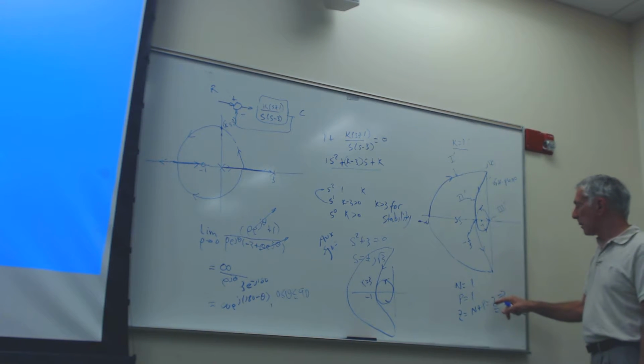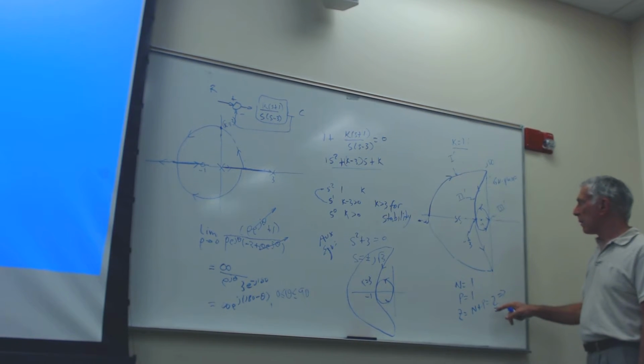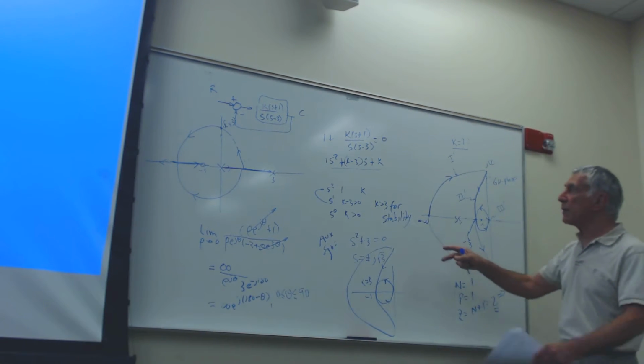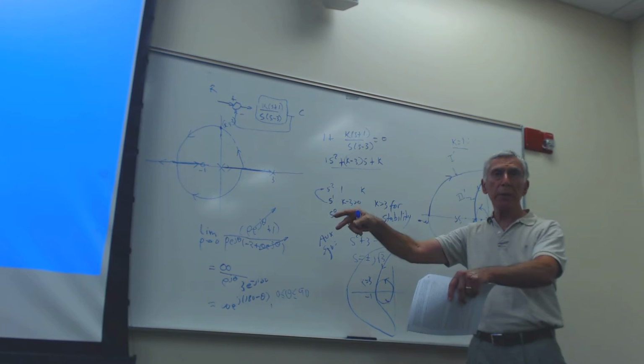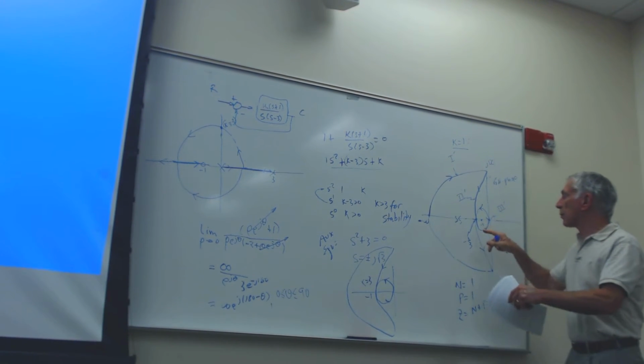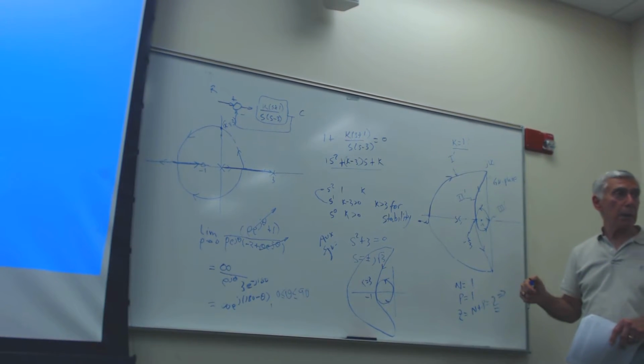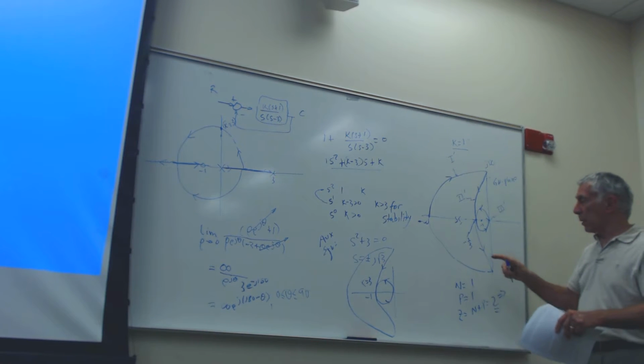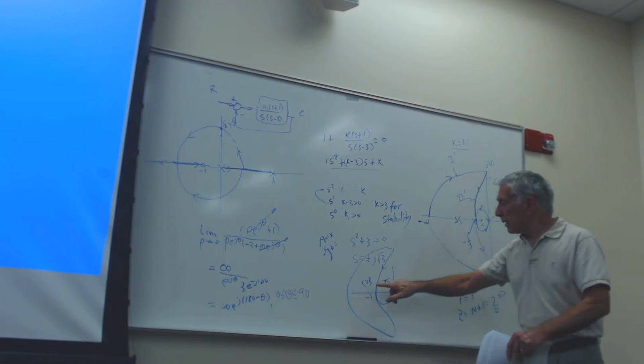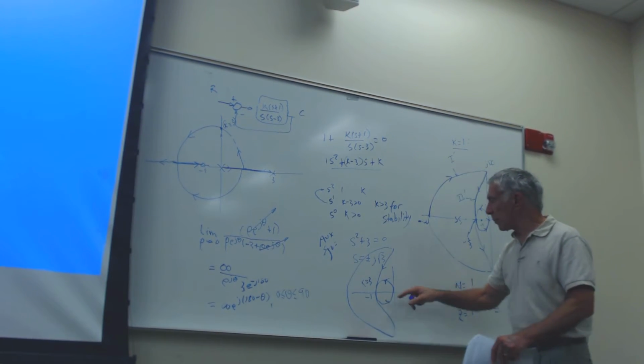If k is greater than 3, then it'll move inside that little loop, and we'll have a stable system, right? If k is equal to 3, we have a marginally stable system.